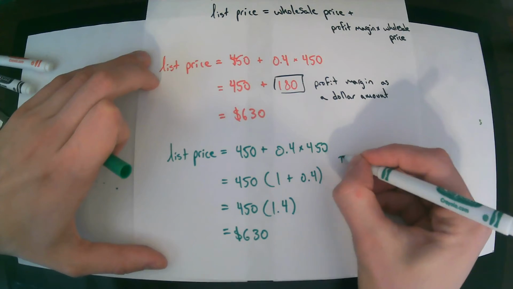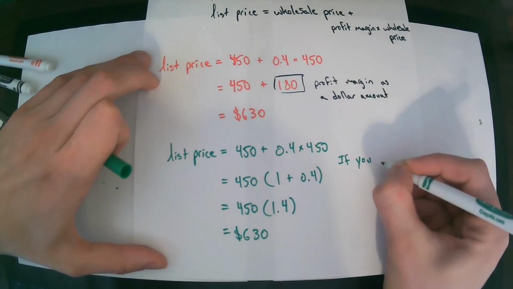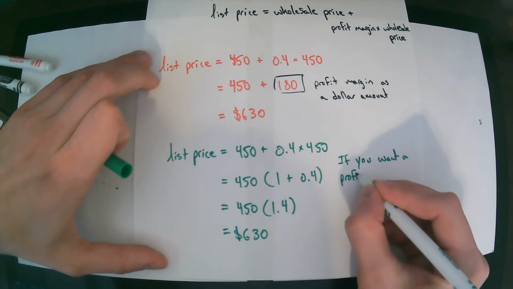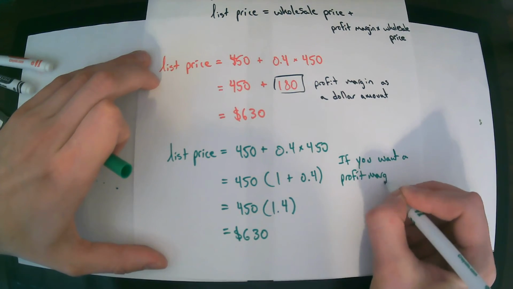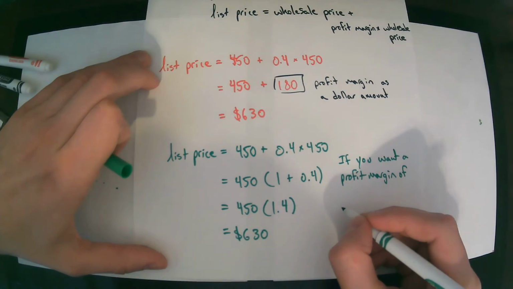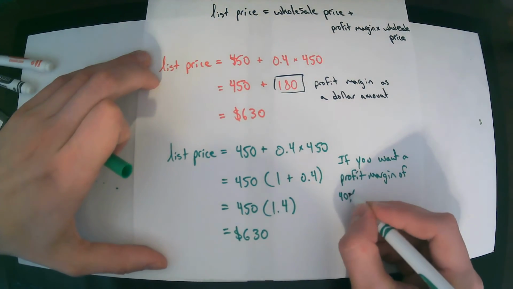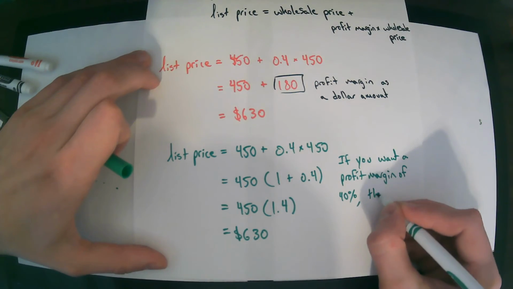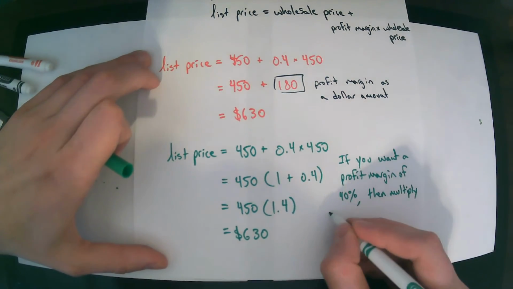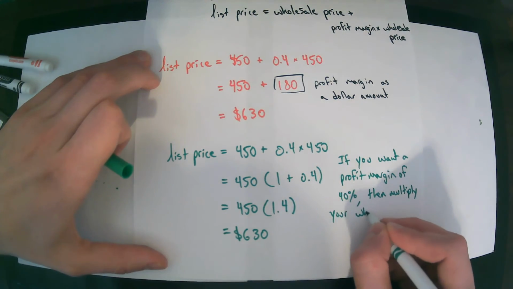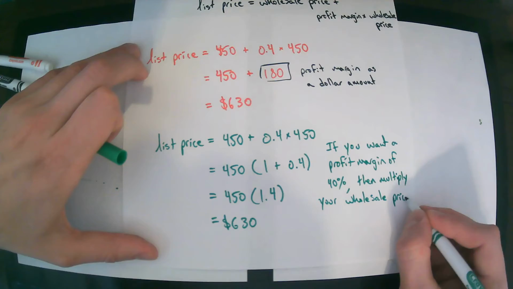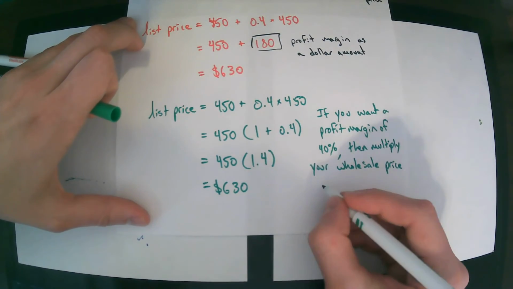So the point is, if you want a profit margin of 40%, then multiply your wholesale price by what?